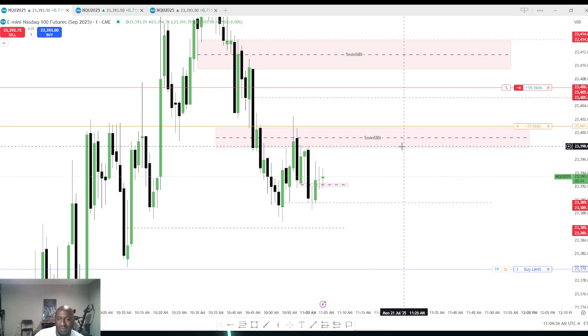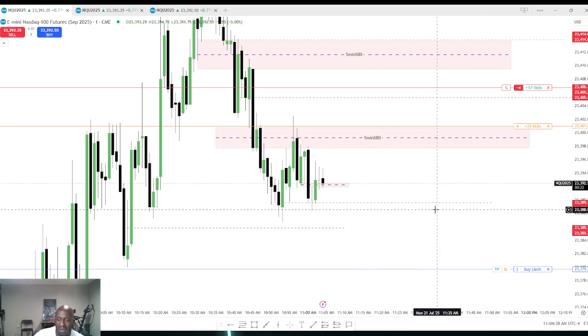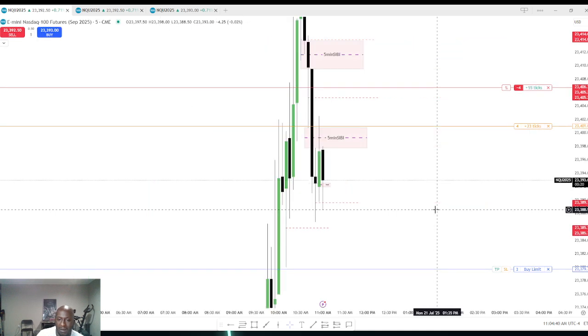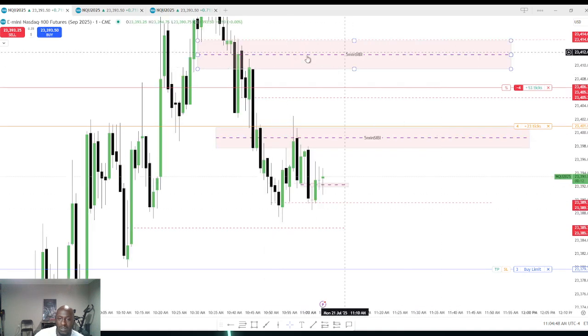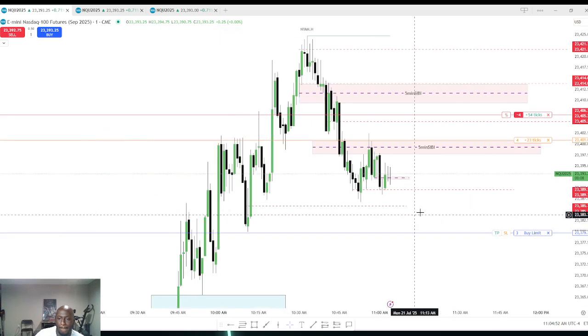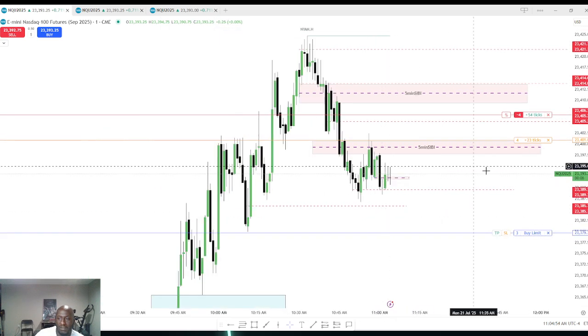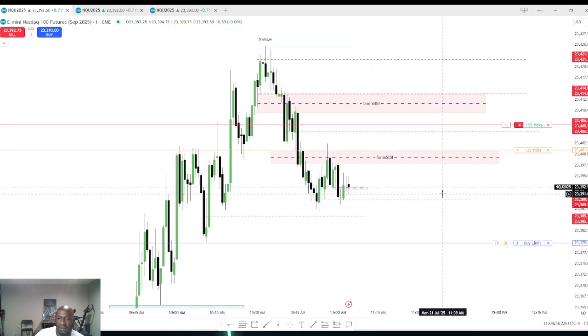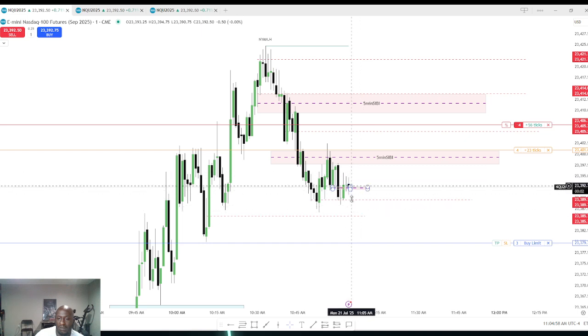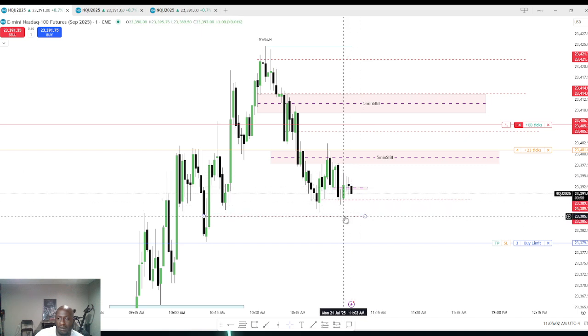Ideally, I don't even want to see it come back to the bottom half of that. Ideally, I want to see you keep going lower. See this top one treated as a breakaway, but that's wicking like this. We've got to get a close over it, and then down into here, and down into here.